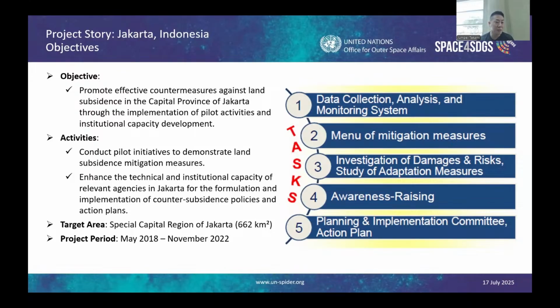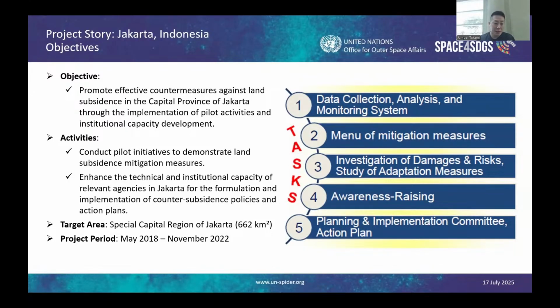This project's objective is to promote effective countermeasures against land subsidence in the capital province of Jakarta through the implementation of pilot activities and institutional capacity development. The actual activity was to conduct pilot initiatives to demonstrate land subsidence mitigation measures and enhance the technical and institutional capacity of relevant agencies in Jakarta for the formulation and implementation of counter-subsidence policies and action plans.